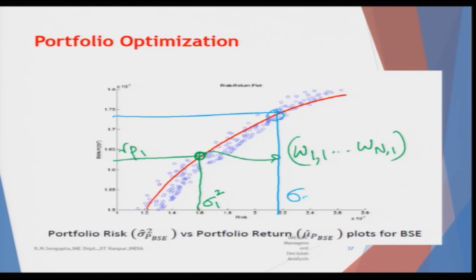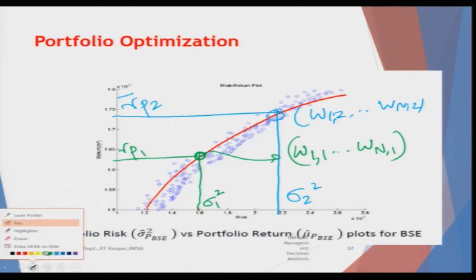So, this is sigma 2 square, this is RP 2, this is a bar, remember. So, you have W 1 2 through W n 2. You can do it accordingly.